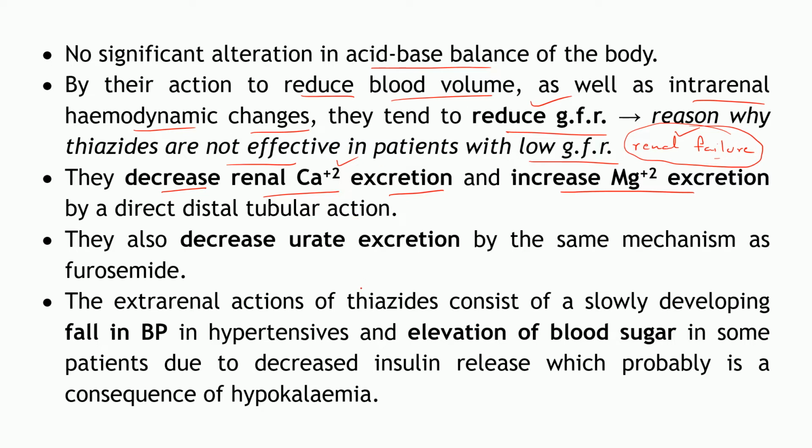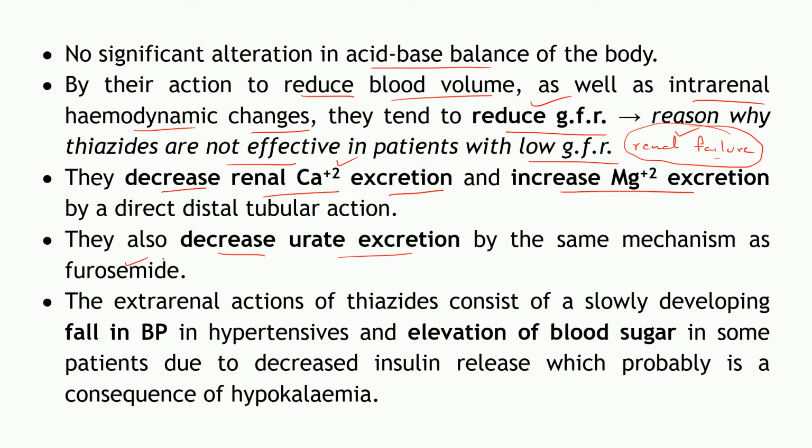Okay. Then the next action which is produced by the thiazides is decrease in the urate excretion. Now this point is similar to that of high-ceiling diuretics, right? The mechanism is the same. It blocks the transporters, right? So the same transporter is utilized by the high-ceiling as well as thiazide-like diuretics to reach its site of action.